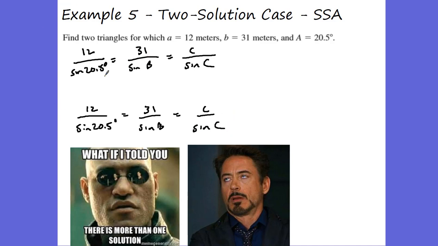Again, I'm going to do my cross multiplying. So 31 times sine of 20.5 divided by 12, I'll do that on my calculator, and I end up getting 0.905. That equals sine of B.